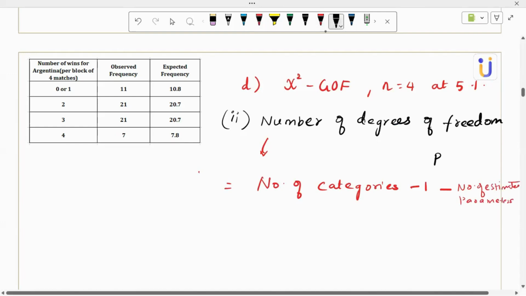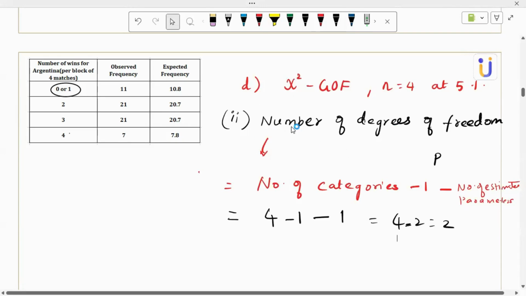Right? So number of categories is going to be, these are my categories, 0 or 1 together, 1, 2, 3, 4. Totally 4 categories, minus 1 default, minus number of estimated parameters. We are following binomial. N is 4, P is the estimated parameter, so only a single parameter. So 4 minus 2, which is going to be 2. That's the number of degrees of freedom.